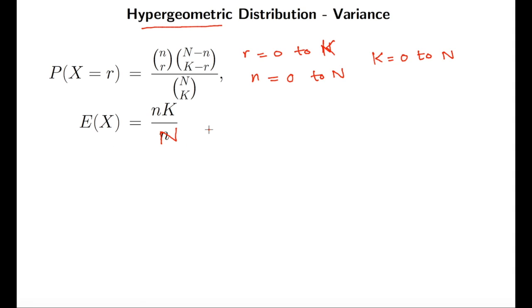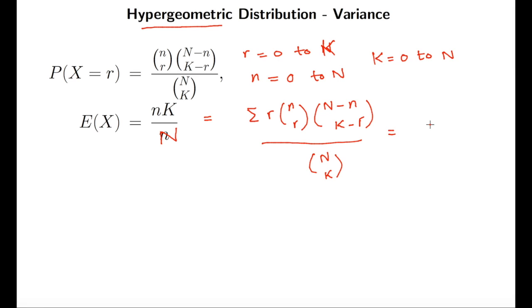Okay, so this means that by using the formula, the sum of r times m choose r times n minus m choose k minus r divided by n choose k is equal to nk over n, where r goes from 1 to k.